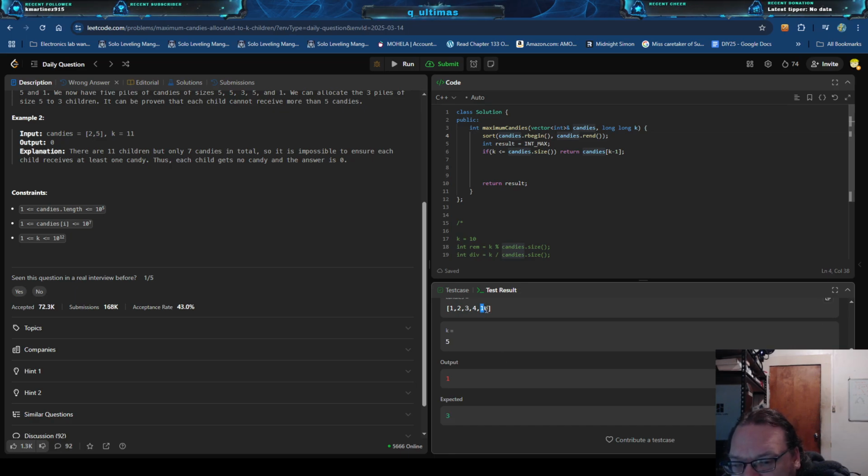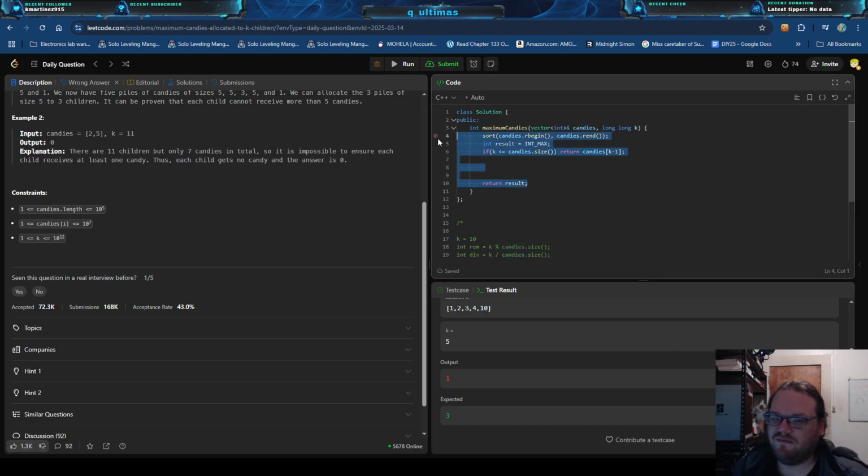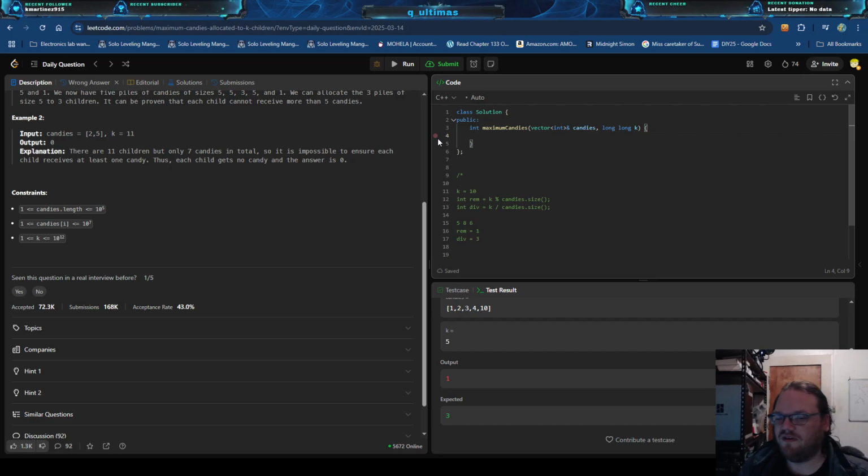Oh, this is divisible by 3. This makes 3 piles of 3s. So 3, 4, 3, 3, 3. Gotcha. Okay. I know how to solve this problem now. Oh my goodness, topics just gave it away. Why could I not see that?